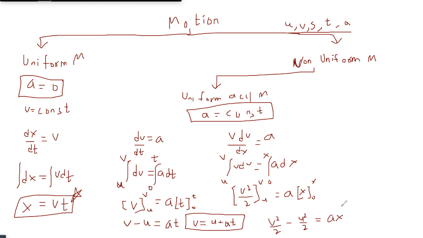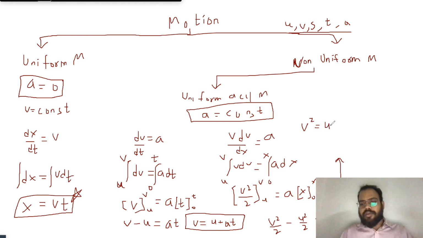So here you get your second equation of kinematics: v square is equal to u square plus 2as. S and x are the same term. It represents displacement. So these are the only two equations that you get from derivation.